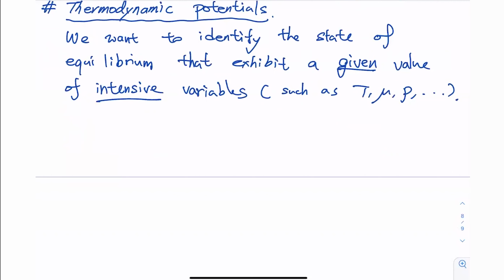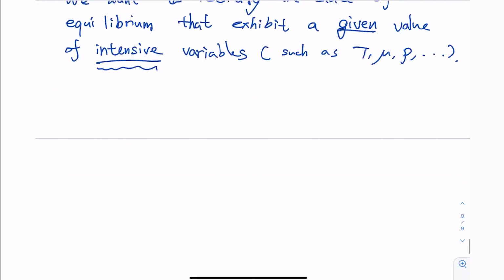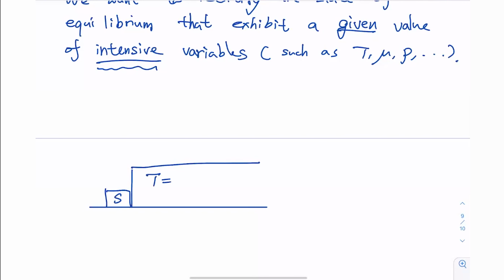So how do we assign a specific intensive variable to our system? Usually we consider our system to have some contact with something like a heat bath that is big, but has some intensive variable that is kept fixed. For example, the definition of a heat bath is that the temperature is fixed.